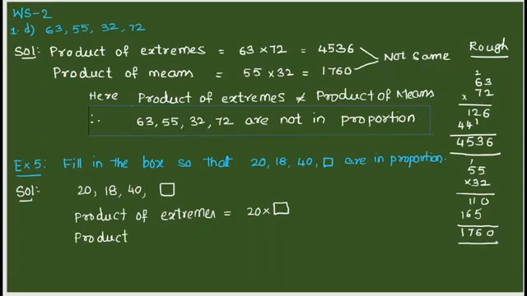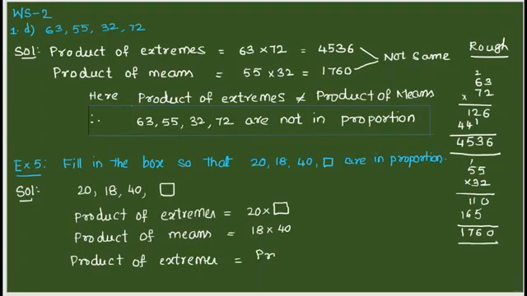Product of means equals to, the two middlemost numbers are 18 and 40. So we can write 18 multiplied by 40. Since already it is given that the numbers are in proportion, we can take product of extremes equal to product of means. Now I am writing product of extremes equal to product of means.